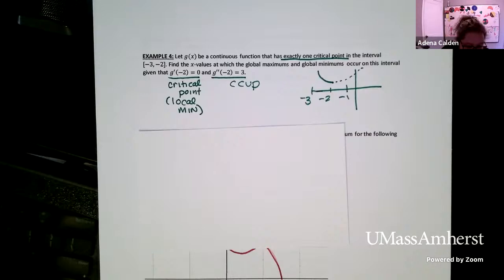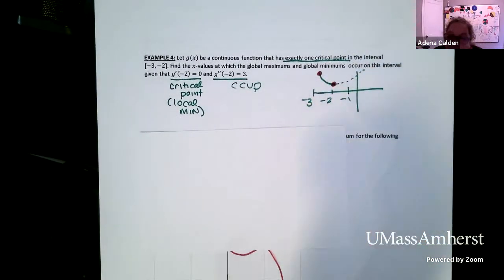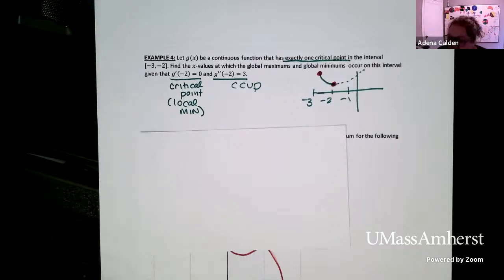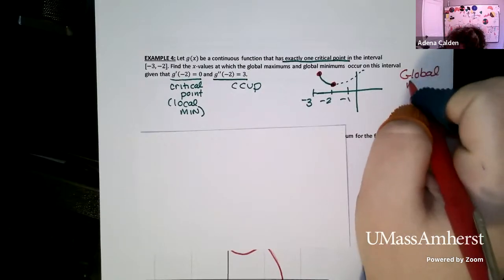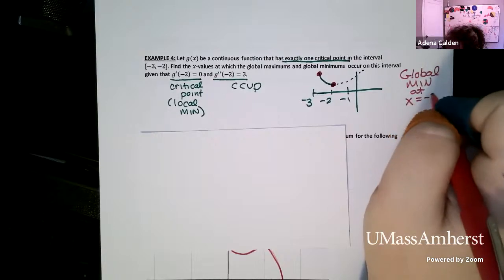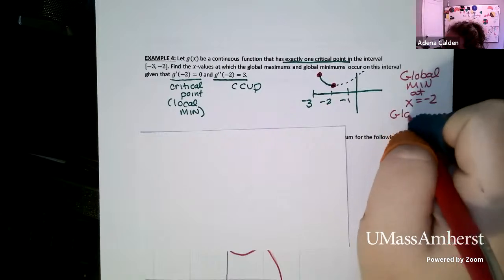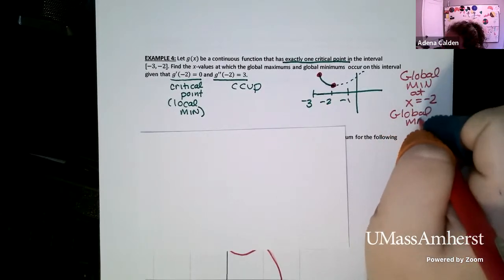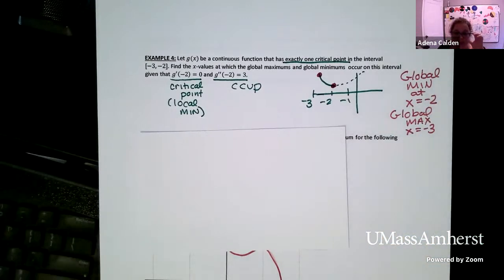So when we think about the concavity of the function, paired with the fact that this is a local minimum, that helps us realize where the global maximum and minimum need to happen. So we have a global minimum at x equals -2, and we have a global maximum at x equals -3, okay?